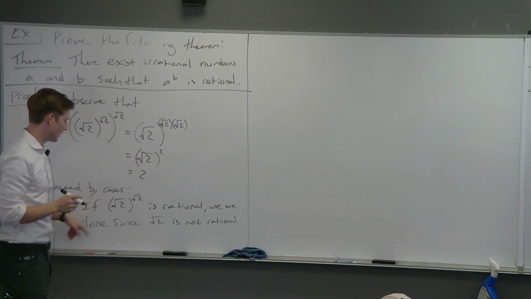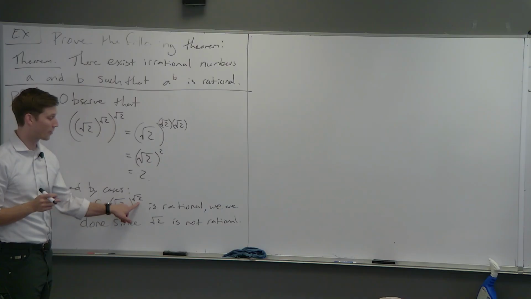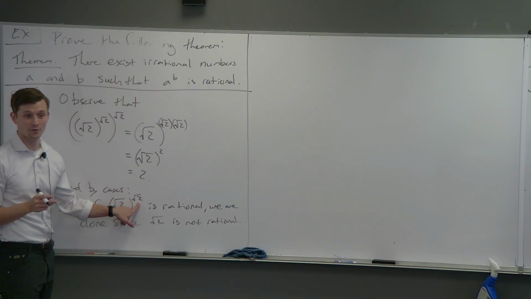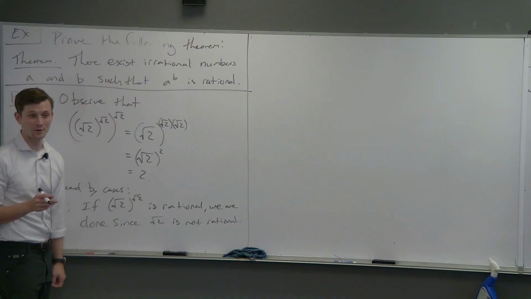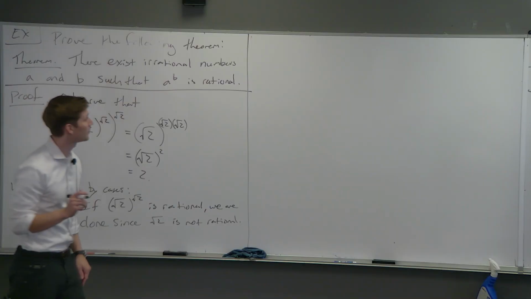That is, if the square root of 2 to the power of the square root of 2 is rational, well then certainly I've got an irrational to the power of an irrational that is rational, which is what we wanted to show. So either this is a perfectly fine example, or case 2.